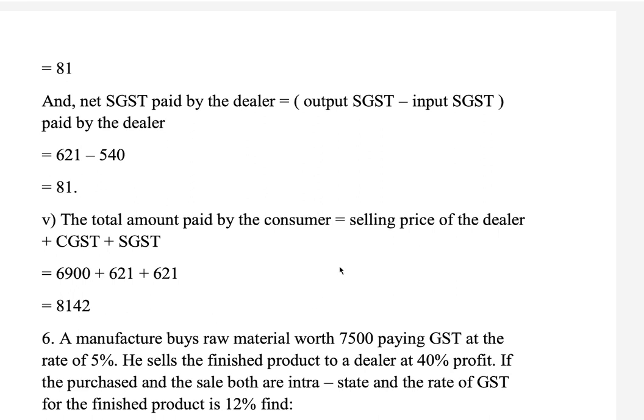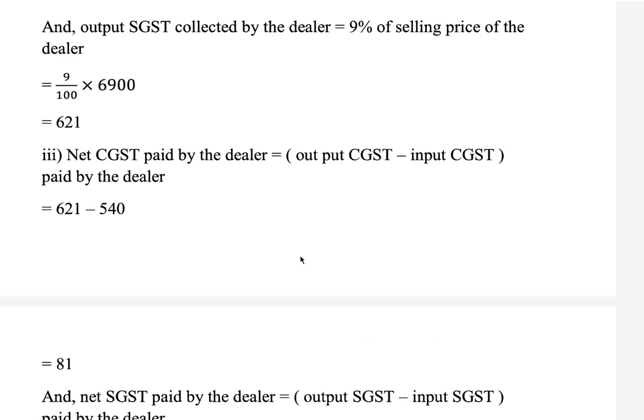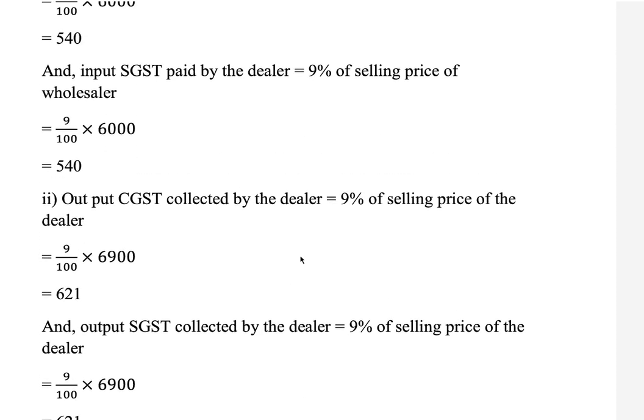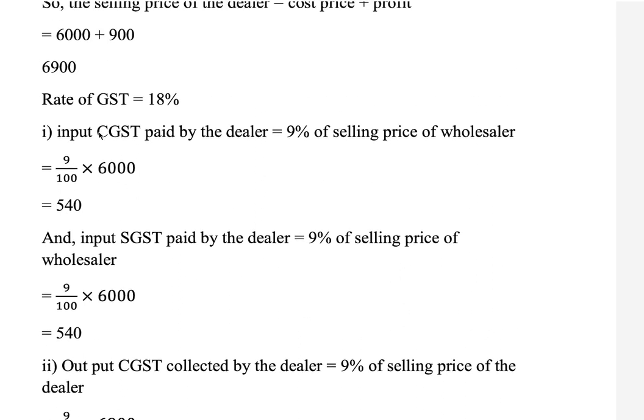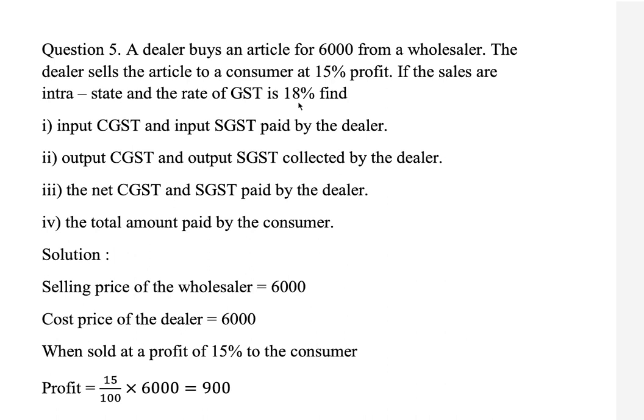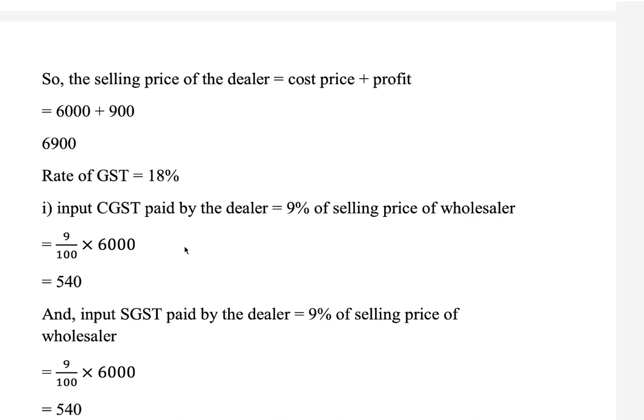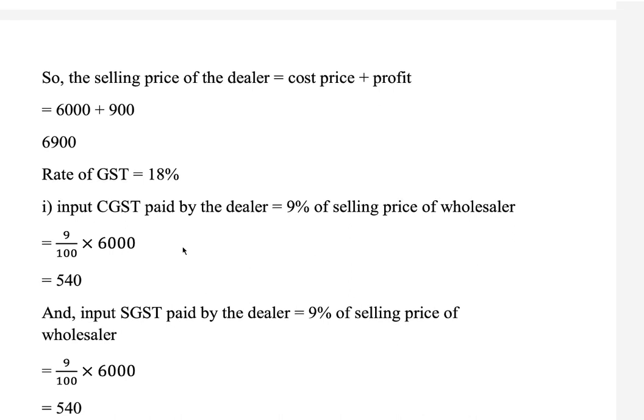So students have to mark some formula. First of all, see that for the input CGST and input SGST, the calculation will be on the purchase price. Okay, see here, the dealer buys the article for 6,000 rupees from the wholesaler. So that 6,000 will be taken as input for CGST as well as the SGST.